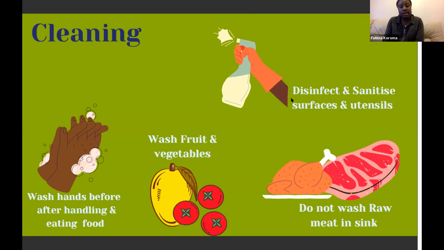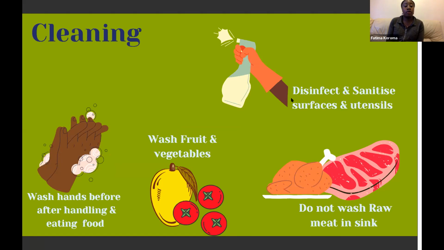One other important thing is how we clean our surfaces, how we clean our hands, how we keep to food hygiene. One of the most important things we must follow is to wash our hands before, after, and before we eat food.